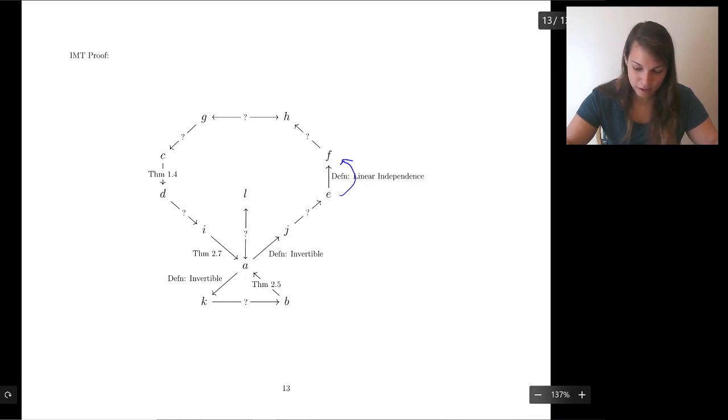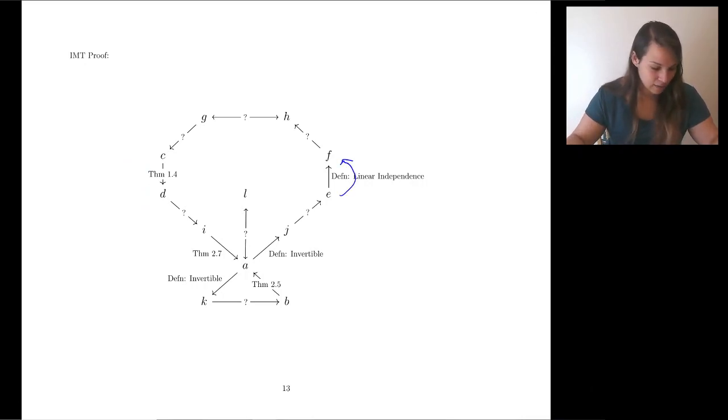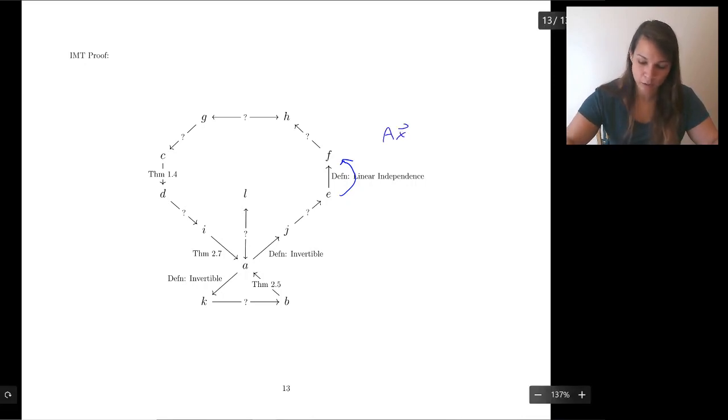E goes to F, or E implies F. That means the homogeneous equation, AX equals 0, only has the trivial solution, implies that the columns of A form a linearly independent set. That's just the definition of linear independence.